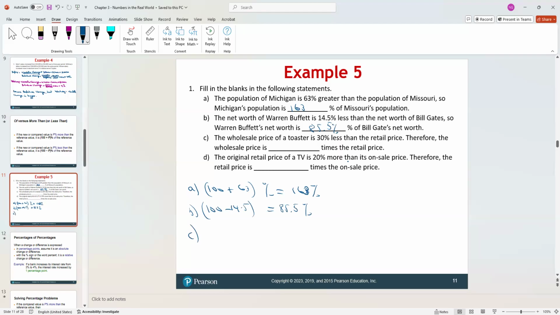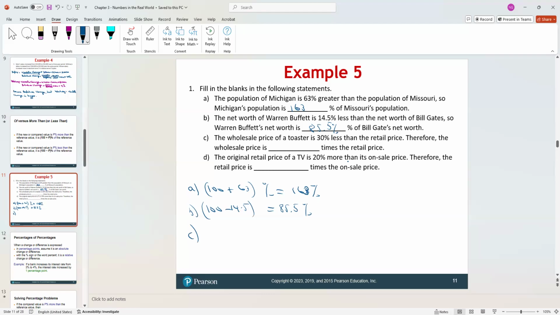We talked about the wholesale price of a toaster being 30% less than the retail price. Then the wholesale price is about 70%, right?